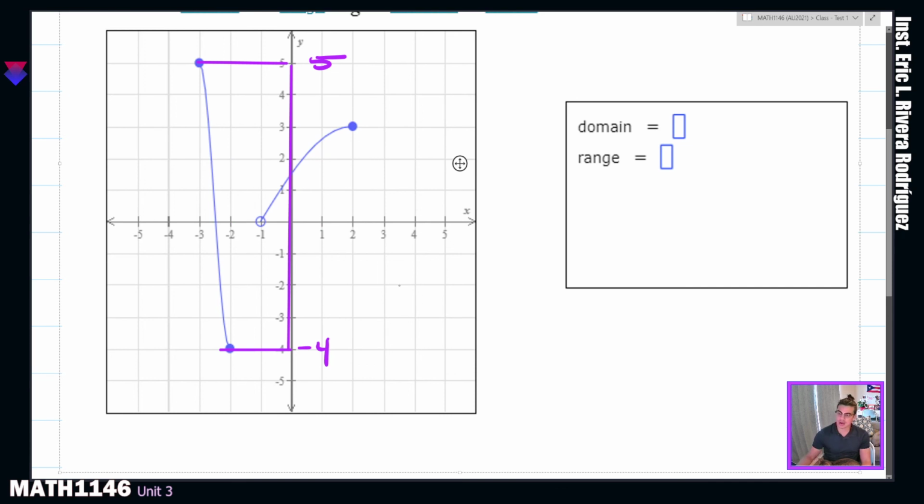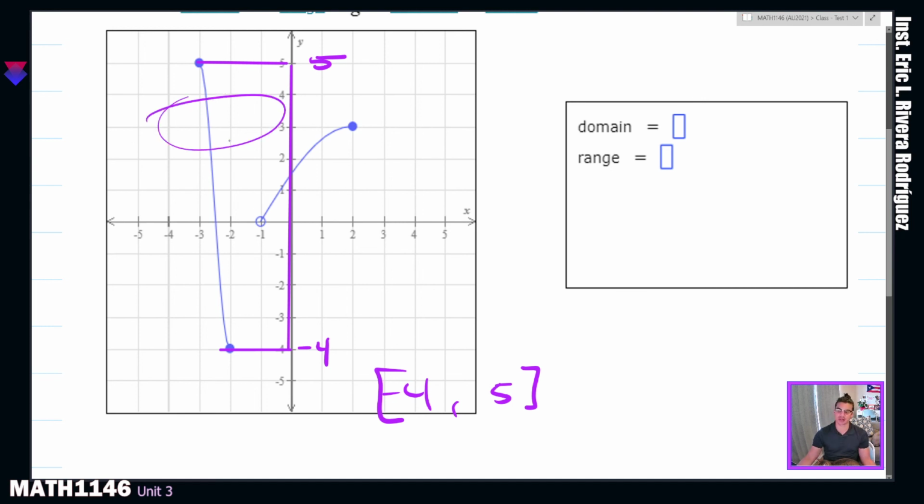Having a second fragment here might confuse you about the range, but the range goes from -4 to 5, also using square brackets because of the solid dots. So this might confuse you in terms of the range, but you just look at the y-axis and you see that all this is covered by the first fragment. So from -4 to +5 with both square brackets, and that way you answer this.